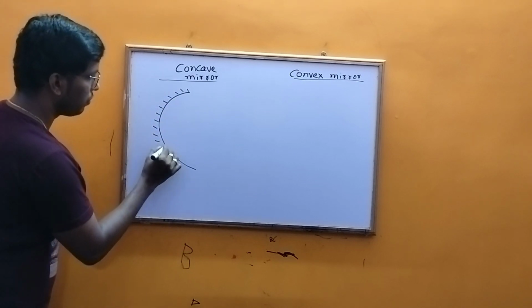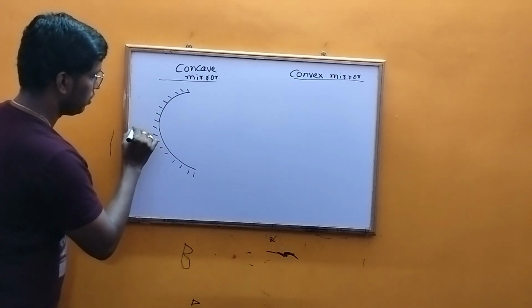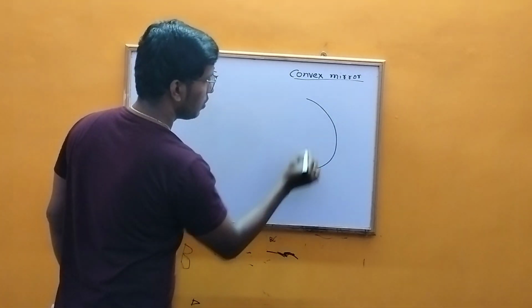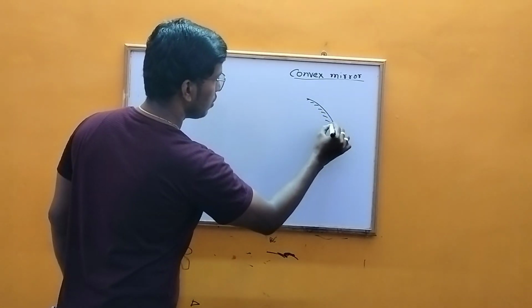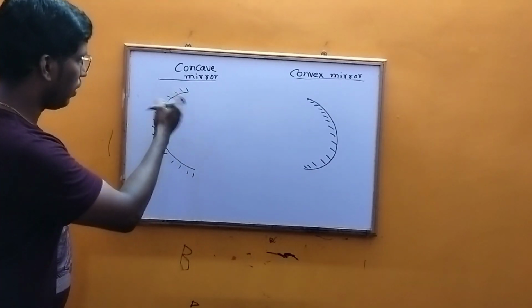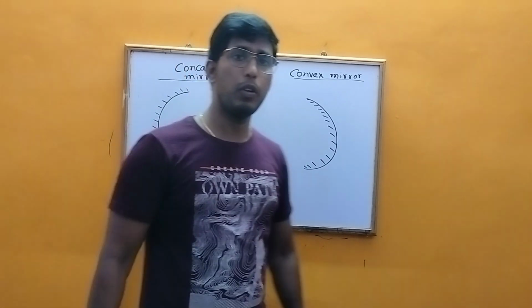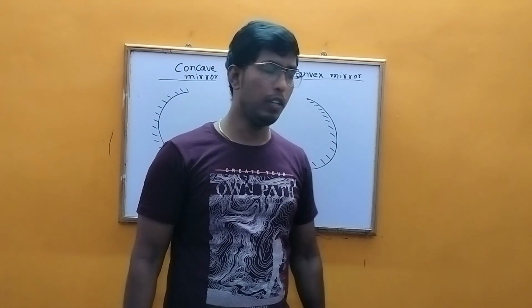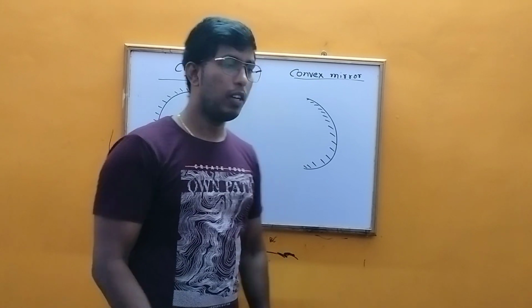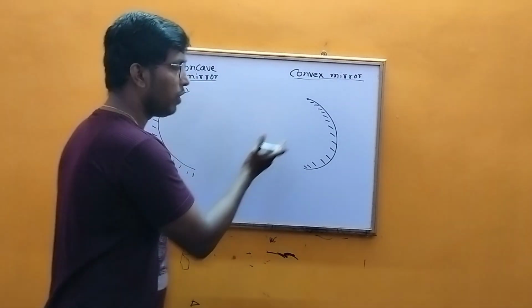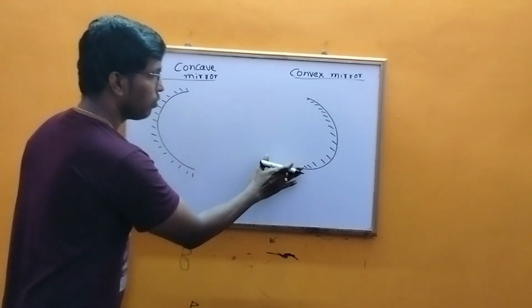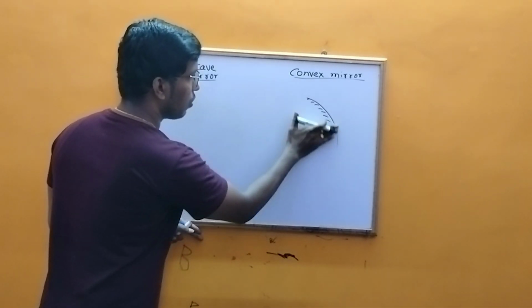This is the structure of the concave mirror, and for convex mirror it looks like this. I have already made one video, you can watch it, and let us learn about the sign conventions. Here is the convex mirror, and this is a concave mirror. So let us learn the sign conventions for concave mirror.